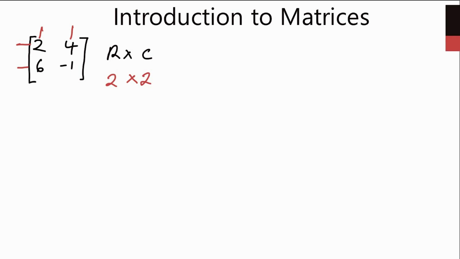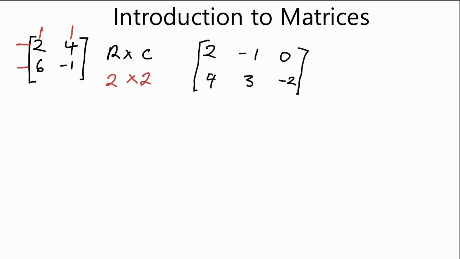Now, when we look at another example, we can have 2, minus 1, 0, 4, 3, negative 2. This one, we look at again in terms of rows and columns, then we can see we have this row, we have this second row.